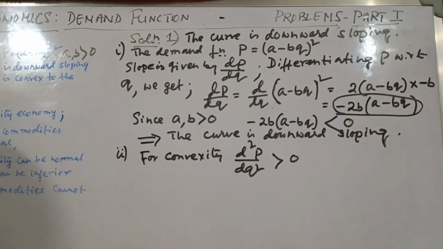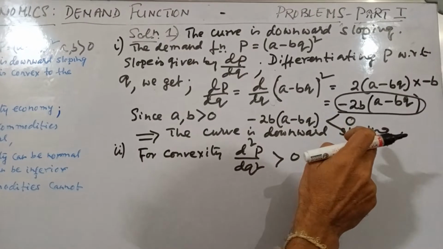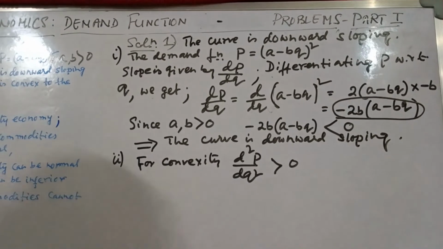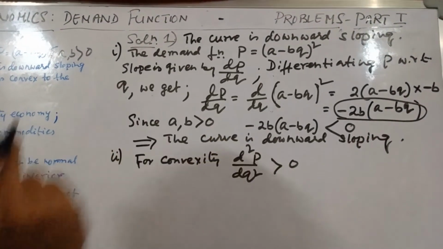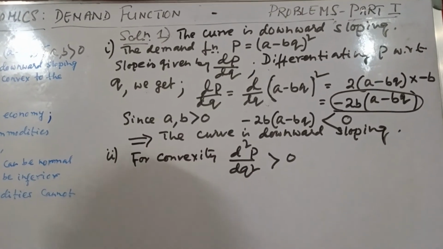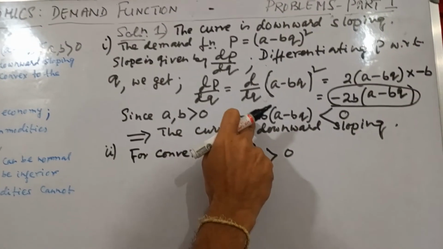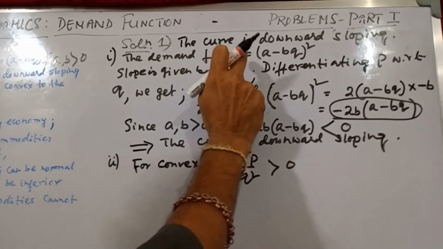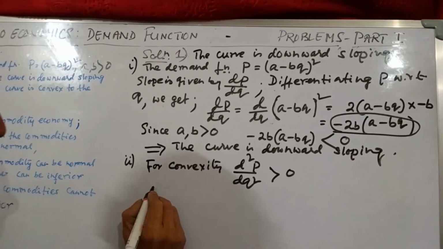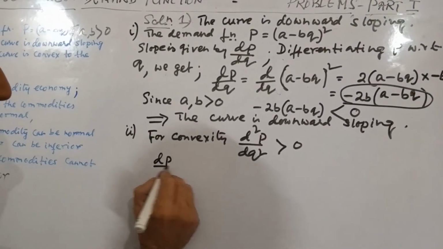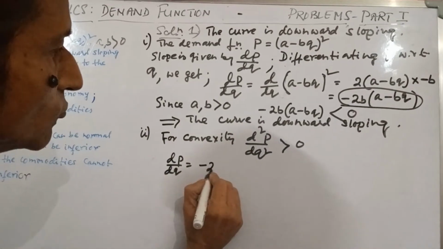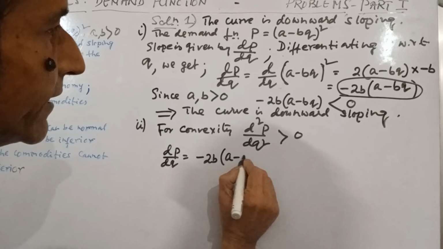Now we have already found the first order derivative, that is minus 2B into (A minus BQ). So if we differentiate this, then we shall get d2P/dQ square. That means if we differentiate this, then we shall get the second order derivative of the inverse demand function. Correct? So dP/dQ is equal to minus 2B into (A minus BQ).